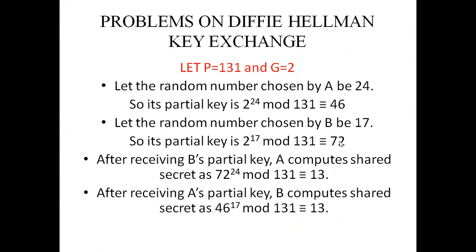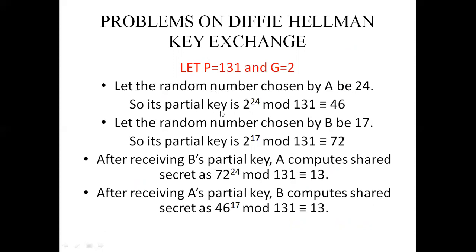The problem: select P as a prime number, 131, and G equal to 2. Let the random number chosen by A be 24. I have taken 24 as a random number; you can take whichever number you want.